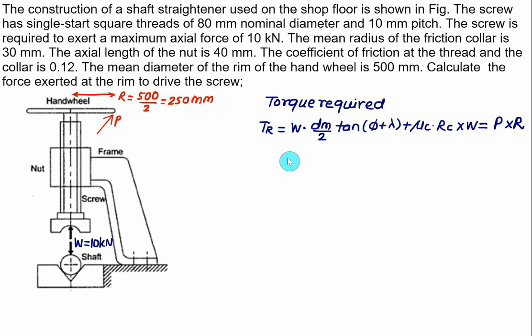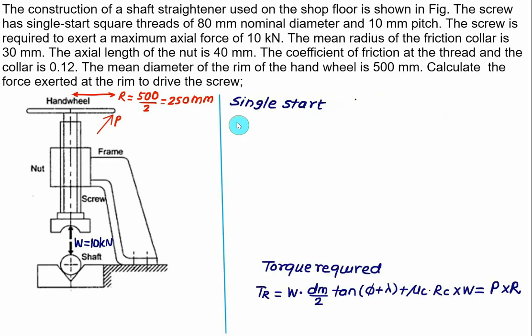The total torque required is given as W into the mean diameter of the screw divided by 2, multiplied by tan of (phi, friction angle, plus lambda, lead angle), plus mu c, the coefficient of friction for the collar, times Rc, the mean radius of the collar. W is again the maximum force that can be applied on the shaft. This total torque is also equal to P multiplied by R, and we want to find the value of P. So one by one we will collect the values, and then we'll find the value of P.